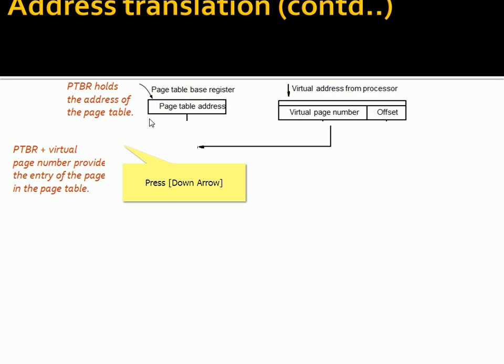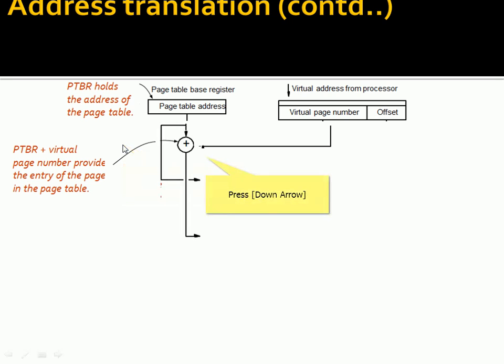The page table has information about the pages which are currently in the main memory. The address where that page table is available in the main memory is held in the base register, called the page table base register. So this virtual page number and this base register together form an address.